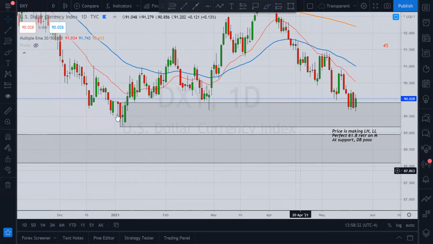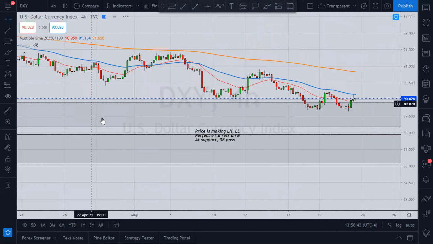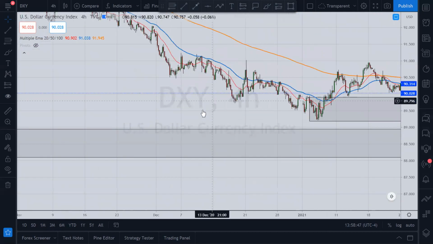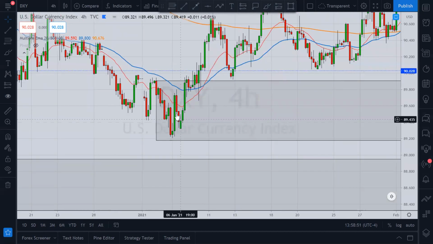But if we whittle this down to a lower time frame demand zone, there's a mark here that I think is significant. Here's the last down candle before the up candle, and it was violated here.